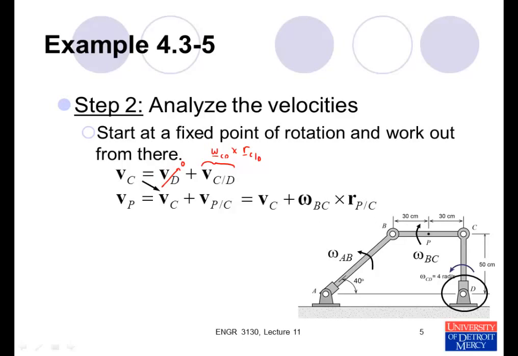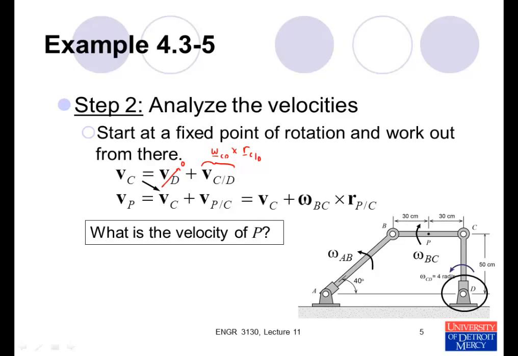We could take any point on the body and consider it as moving in a circle about any other point on the rigid body. And so here we have an equation for calculating the velocity of P, which is ultimately one of the things that we're tasked with finding.